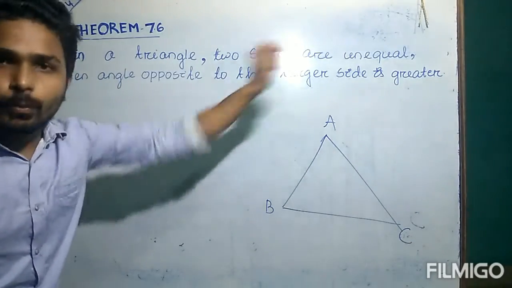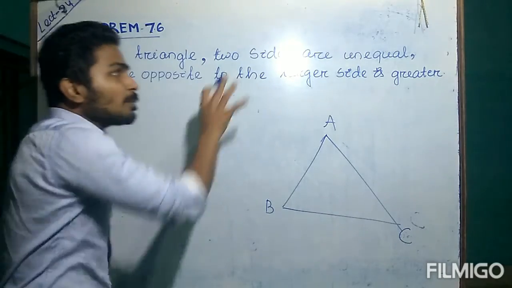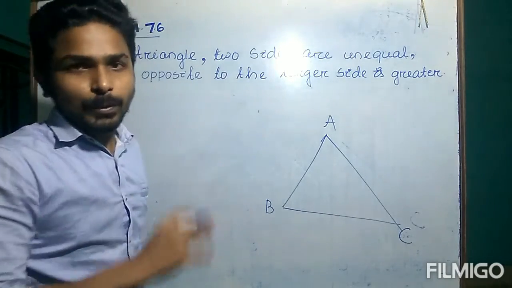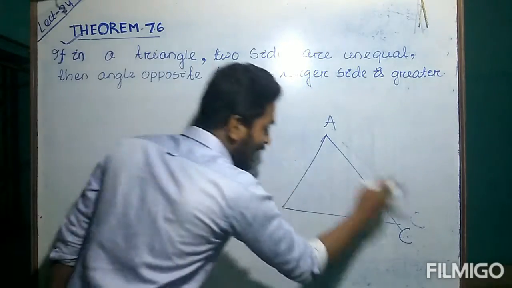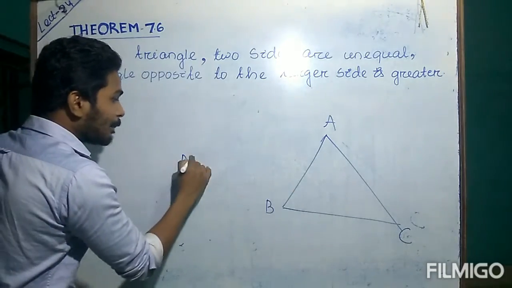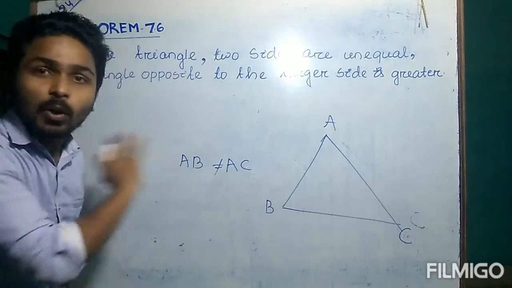Two sides are unequal. Unequal means they are different, the lengths of the two sides are different. For example, if we take the sides AB and AC, then the length of AB is not equal to the length of AC.